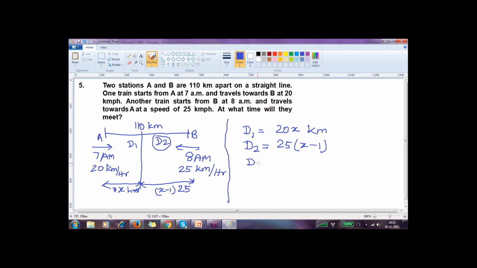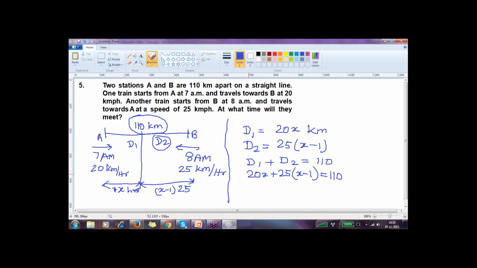Now we know D1 plus D2 is equal to 110. Putting this in the equation, we have 20x plus 25 times x minus 1 is equal to 110.